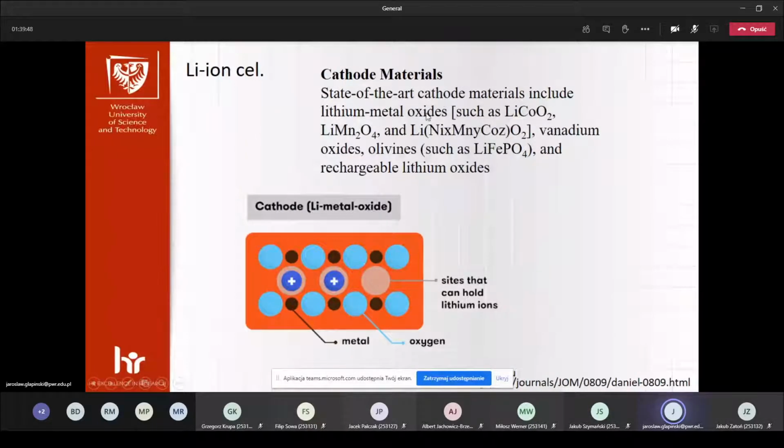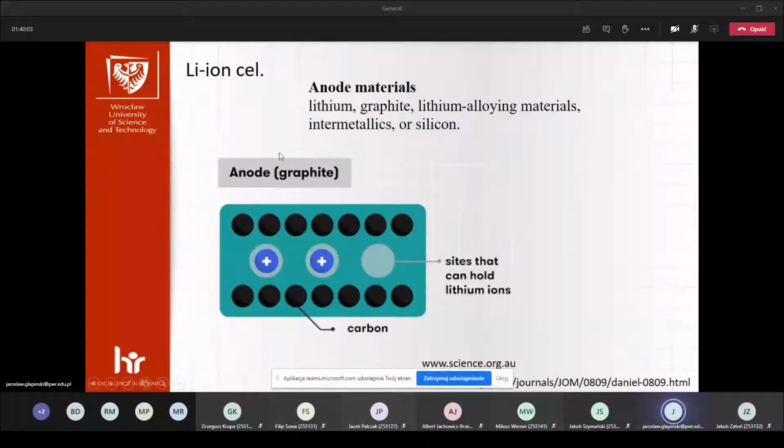Cathode material, as I said, is the combination of molybdenum, lithium, and oxygen. So maybe it's more important for the chemical reaction, but never mind. And the anode is more or less graphite. Yes, so it's carbon. And the ions can be stored in this porous system.